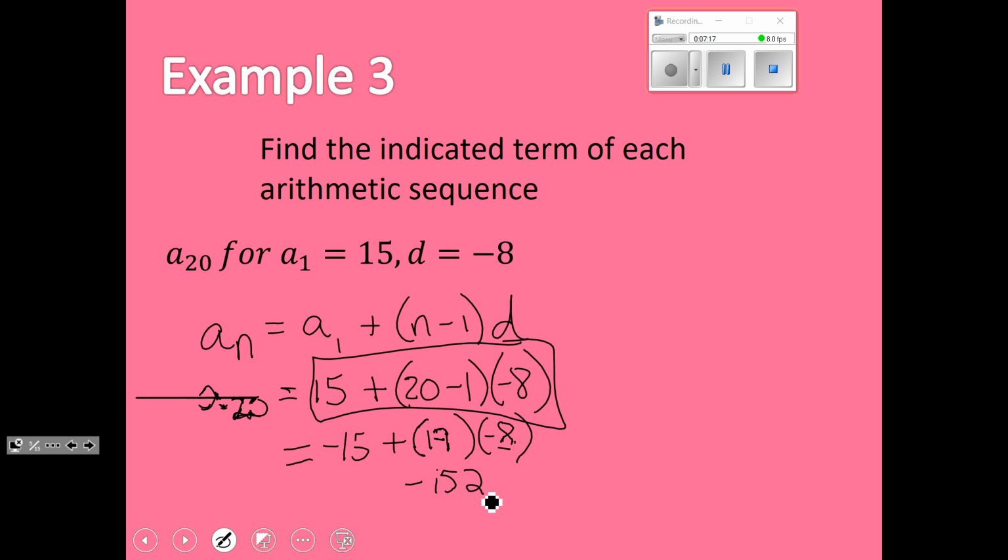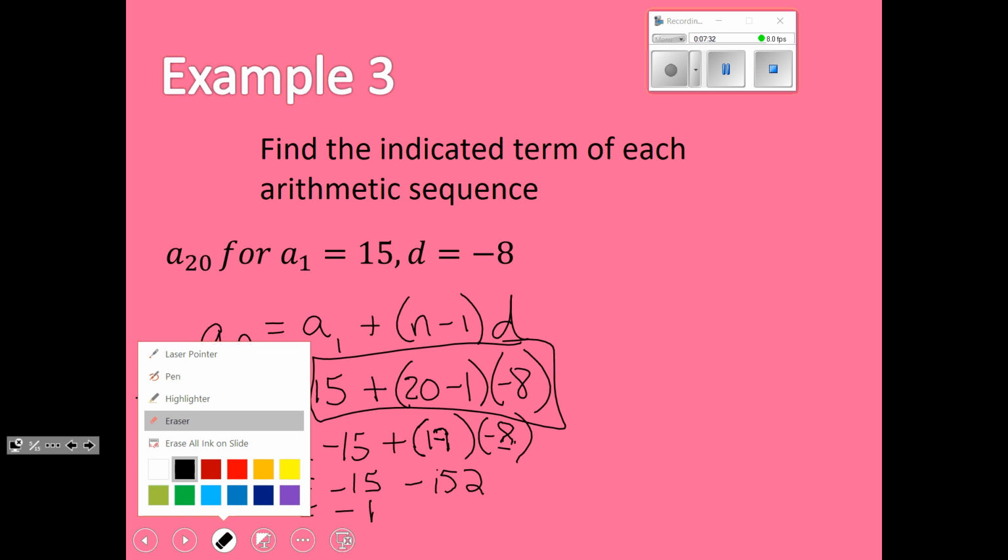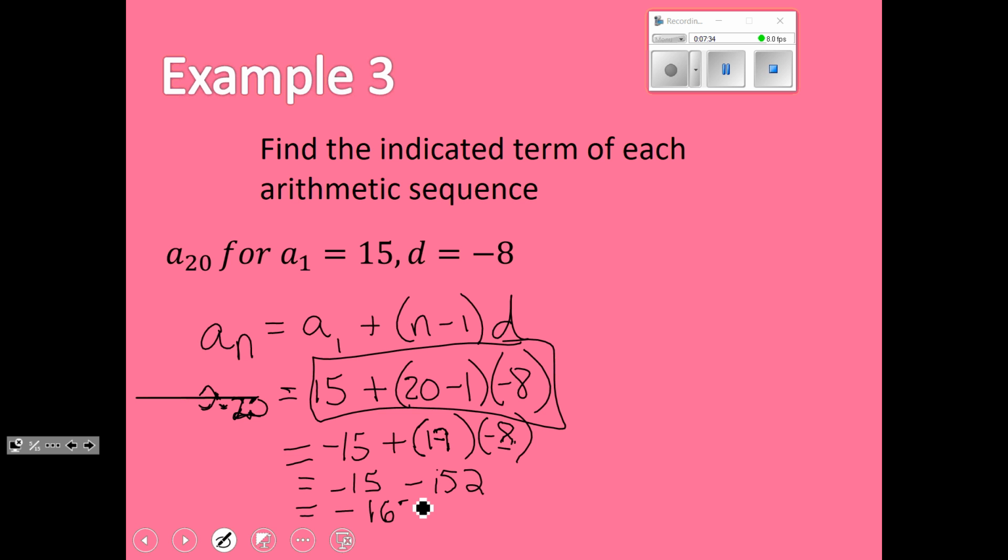And then I'm going to add 15 to it. And so the value of my 20th term is going to be negative 137. So that's a sub 20.